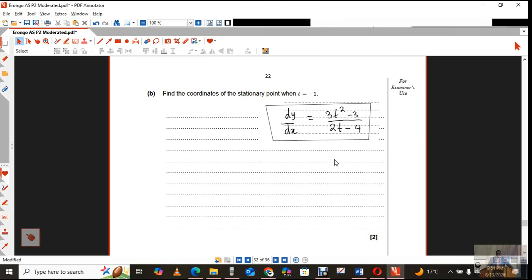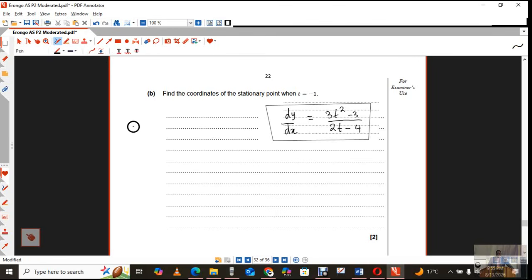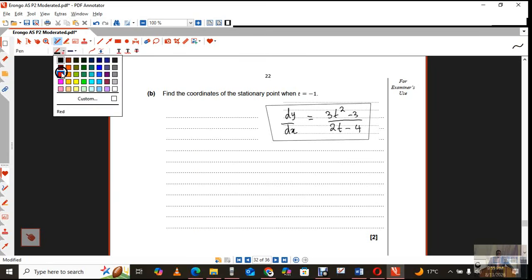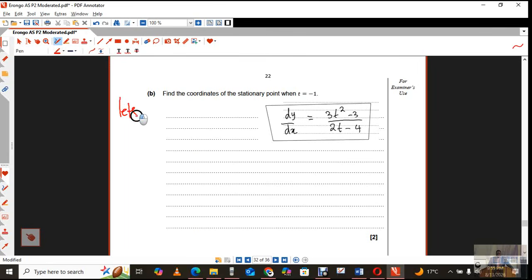Okay. So in order for me to arrive at a conclusion, let's first verify. And I'm doing that just as a teachable moment, okay? So let's verify, because once you are told to find the coordinates, that's the x and y of the stationary point.